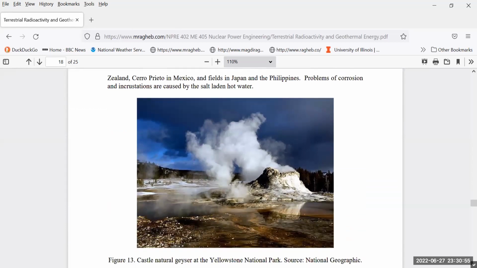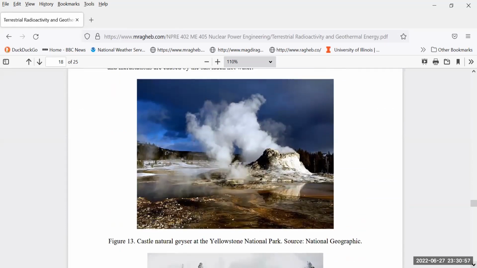Natural sources of steam are available, except that maybe for Yellowstone, the Yellowstone Park in the United States, it's the site of a vast super volcano. If it erupts, it can affect the United States in a very negative way. And this is left as a nature preserve.